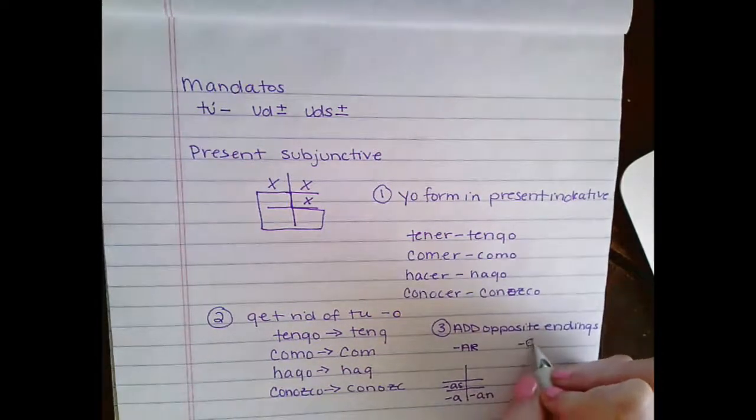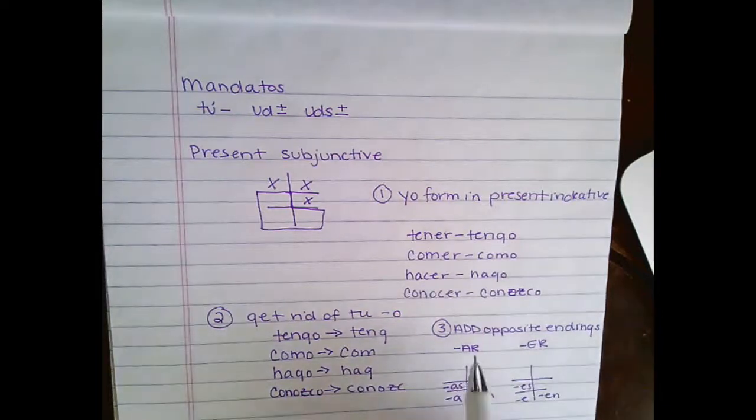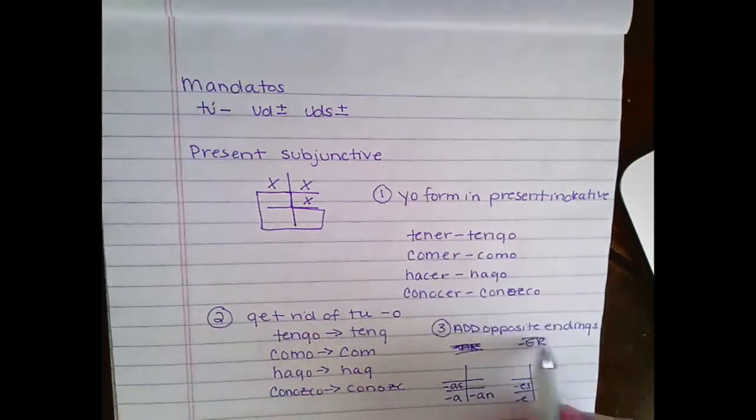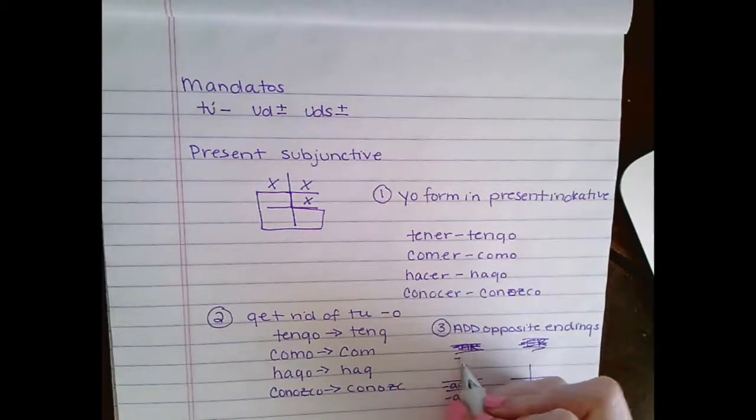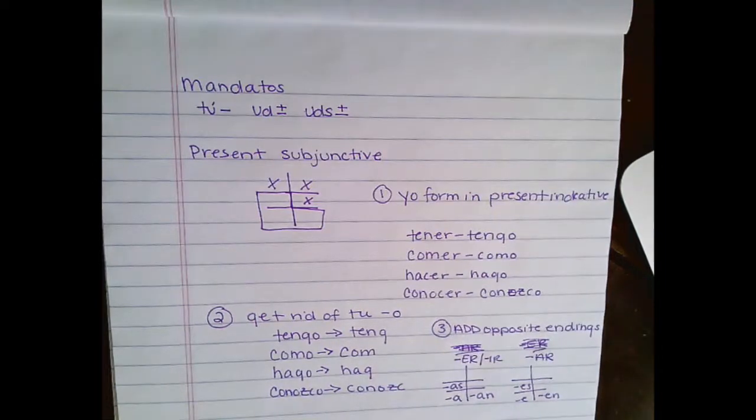Present indicative ER endings are typically es, e, and en. But now we're doing a switch. We're going to get rid of these AR endings, we're going to get rid of these ER endings. These are now going to become our ER, IR endings. And these are now going to become our AR endings.